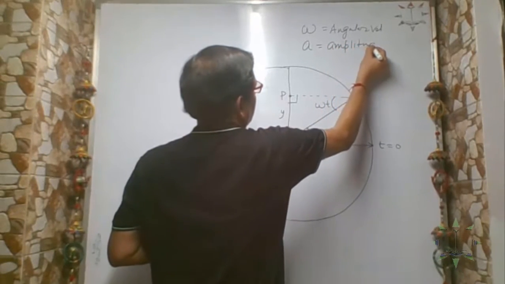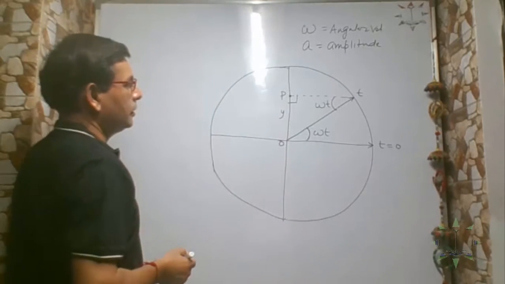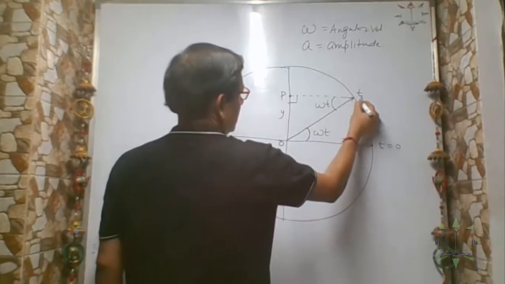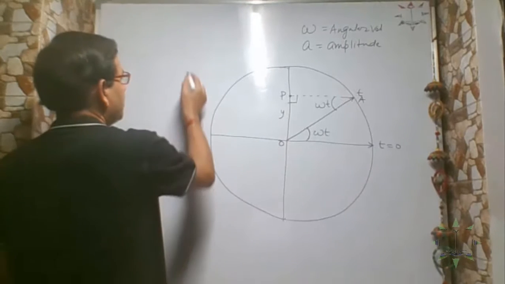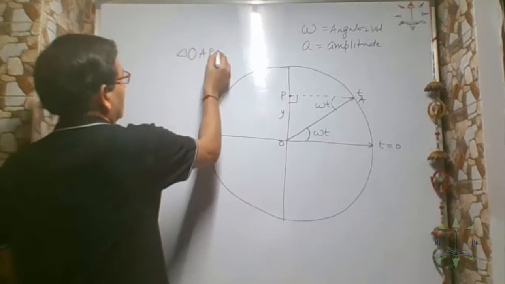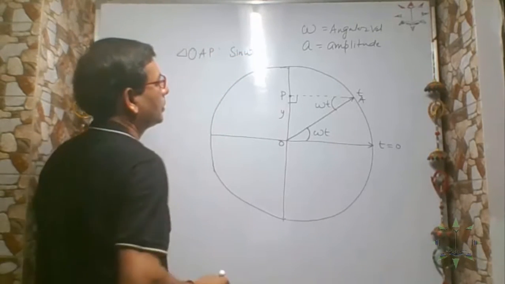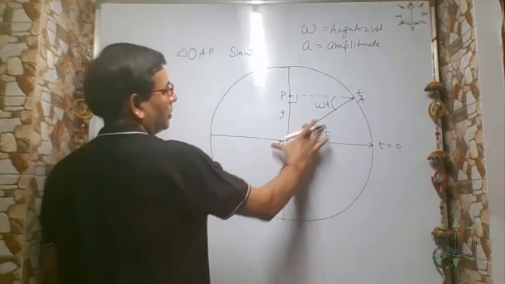Amplitude. Okay. So suppose this is A. In triangle OAP, sin omega t is p by h, that is OP by OA.